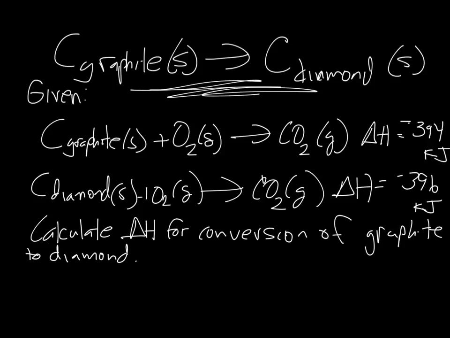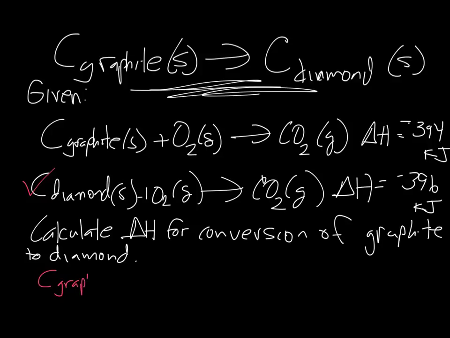That would mean that I want this one to be flipped. So I will flip that equation, but when I flip it, I also need to change the sign. So I end up getting C, that's my graphite.